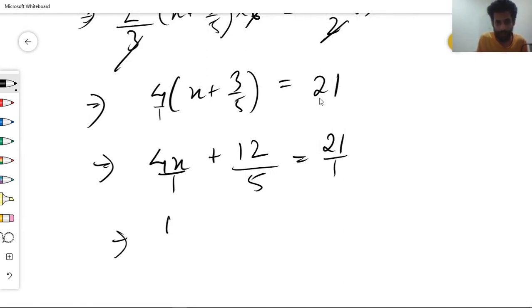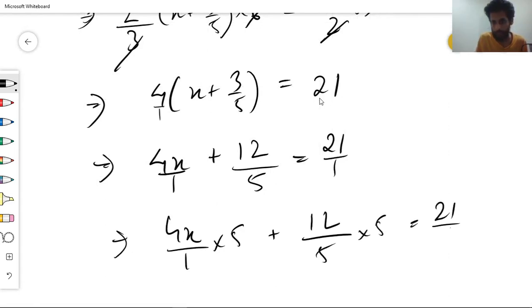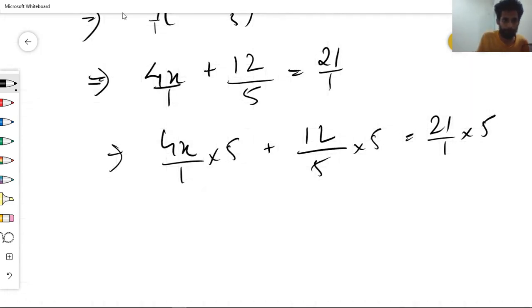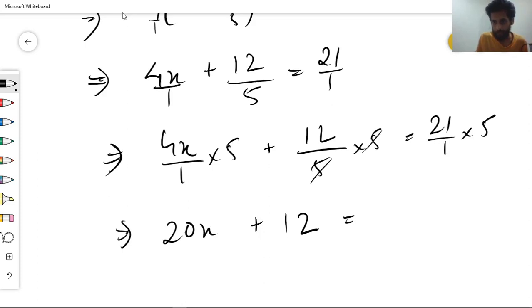The LCM will be 5: 4x by 1 into 5 plus 12 by 5 into 5, then 21 by 1 into 5. So this will be 20x plus 12 is equal to 105.